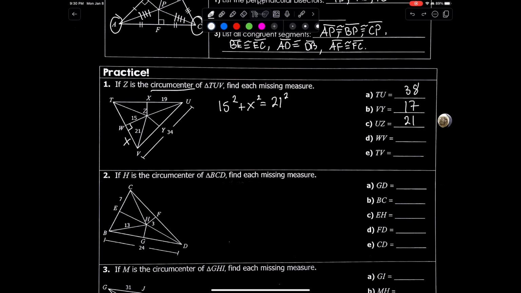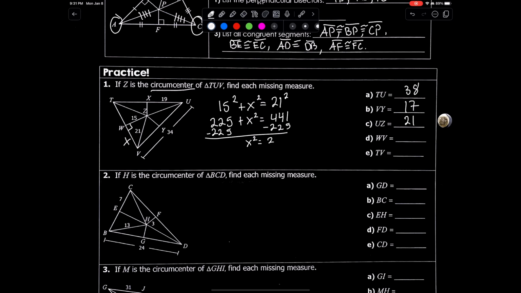That's all you're doing. 15 squared is about 225. I'm going to look that one up. I am going to have to double check that one. 15 squared is 225. 21 squared, I can guess, but I got it wrong. It's 441. I was way off. I'm going to subtract 225. You get X squared is, well, let's see, 441 minus 225.